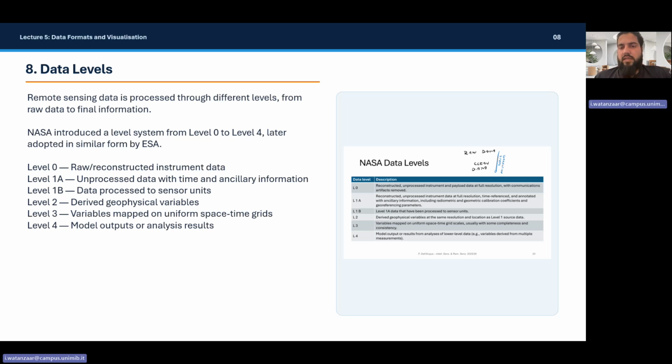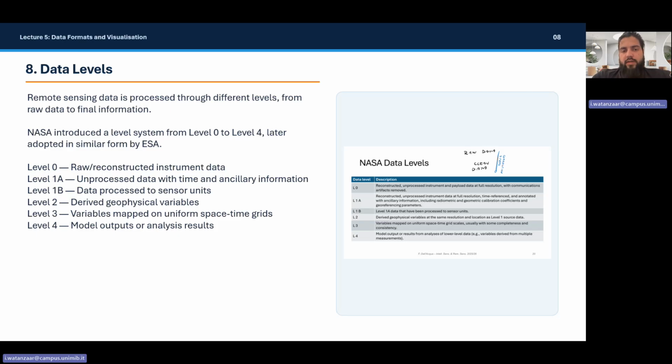So what are these data levels? Starting from the NASA levels, it goes from 0 to level 4, but level 1 has 1A and 1B. So if we count: 0, 1A, 1B, 2, 3, 4, that is totally 6 levels.